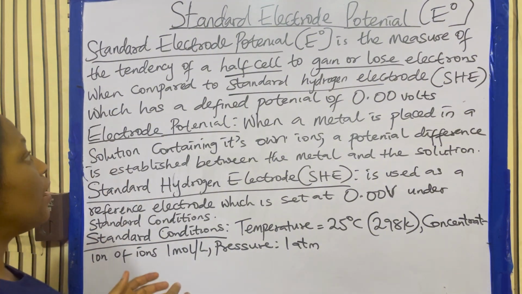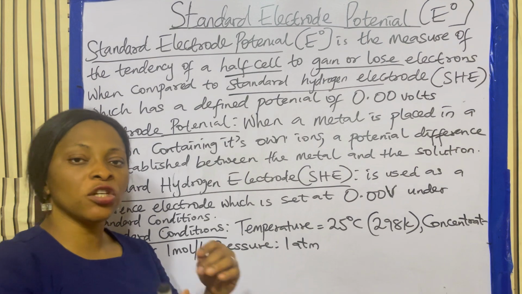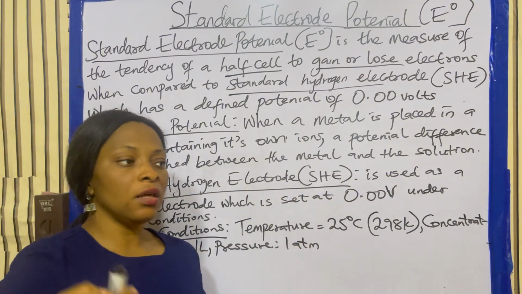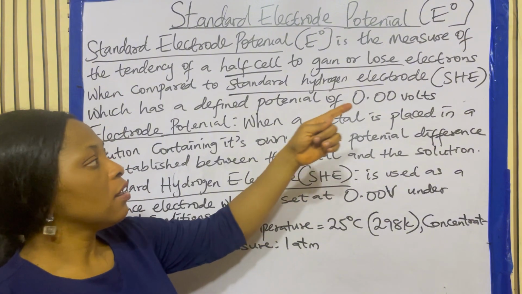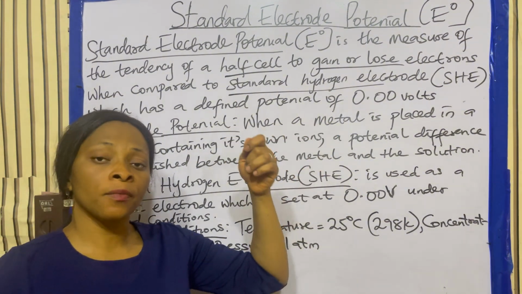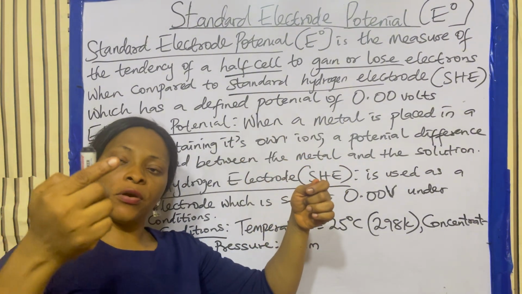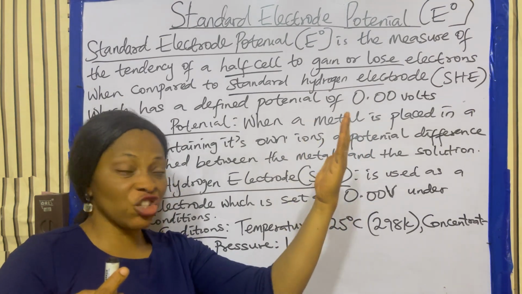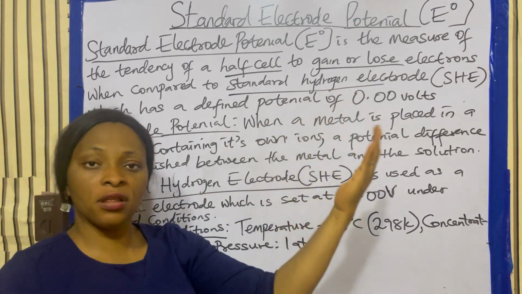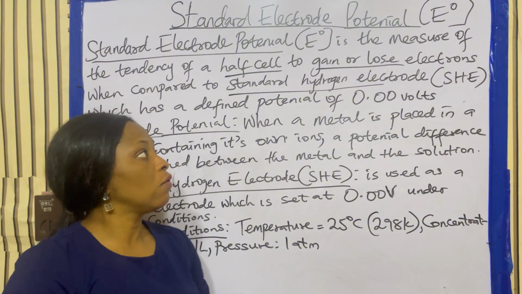So, standard electrode potential is just comparing this cell versus the reference cell. The reference cell is the standard hydrogen electrode, the SHE. So, you are comparing whatever you have here with this as a reference.